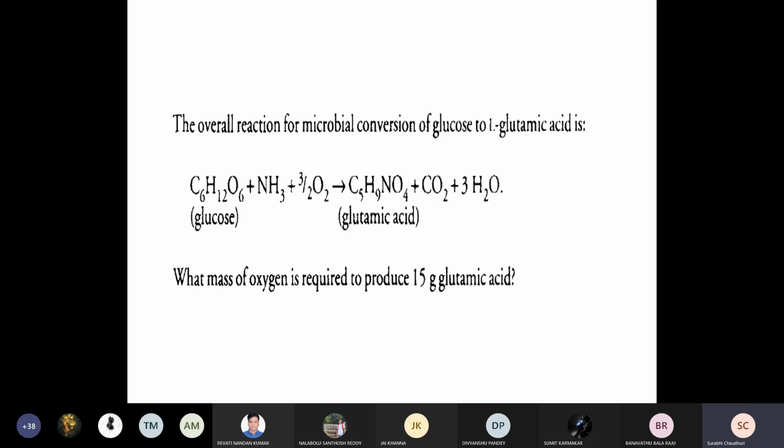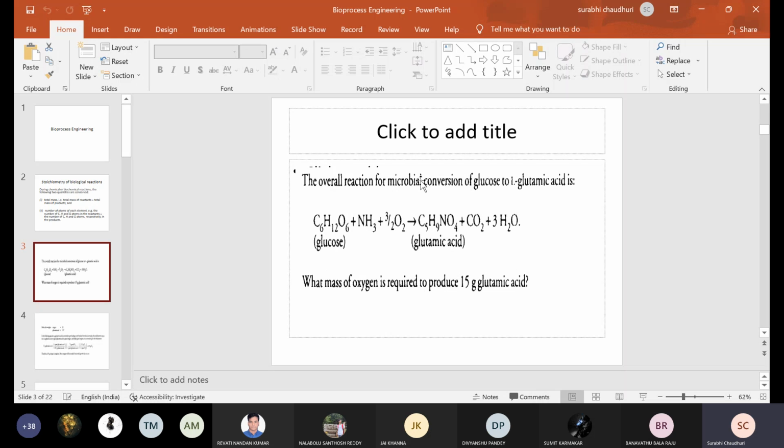And we know the molecular weight of oxygen. You can calculate from the molecular formula the molecular weight of glutamic acid. Then you can tell me what mass of oxygen is required to produce 15 gram of glutamic acid. So do it within 2 minutes and then tell me the answer. This is a very basic one. Then we move to the next topics.